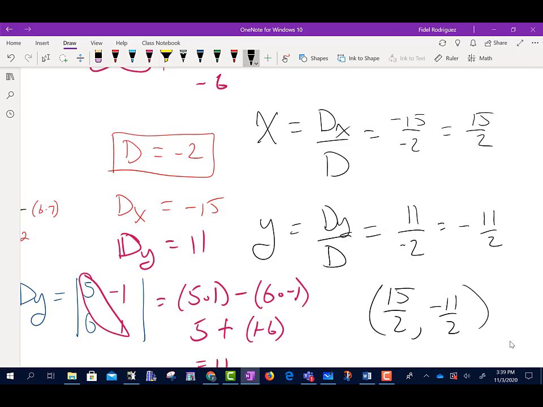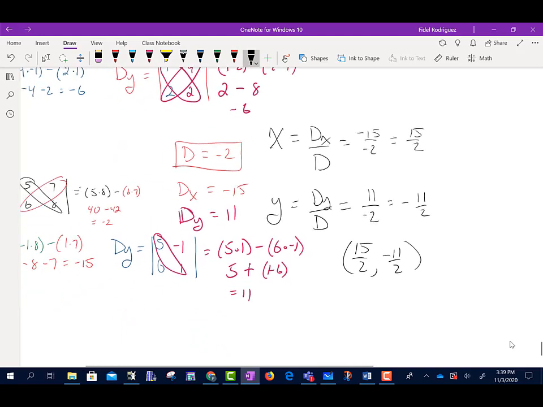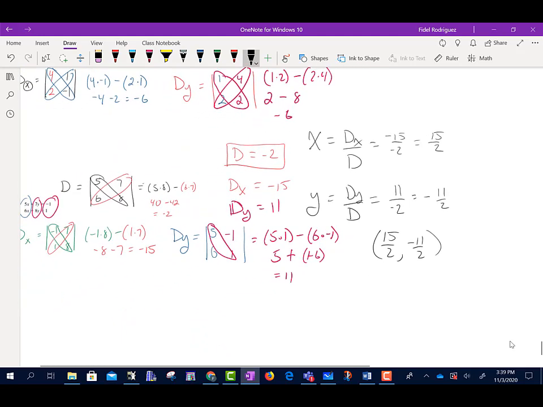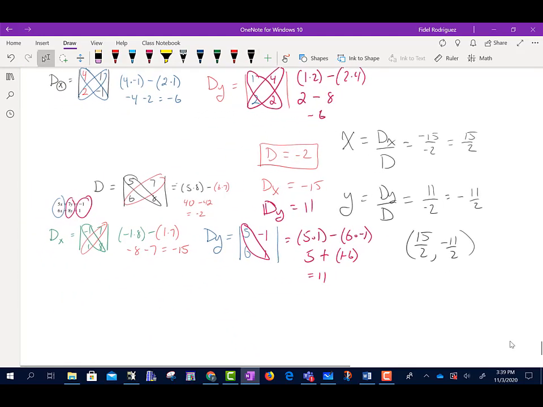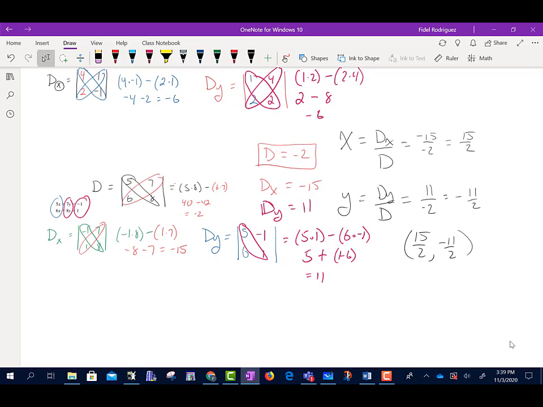Okay. So one thing I do want to point out, again, I know the calculations can be tedious in doing these things here, but it does allow me to find solutions that aren't nice, pretty numbers like -3 and 4 or 8 and -2, something like that.